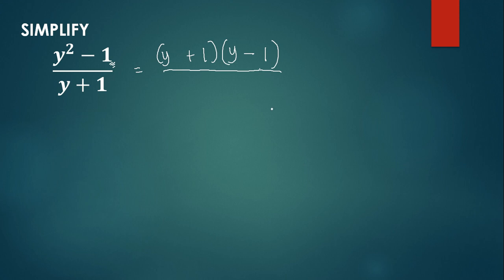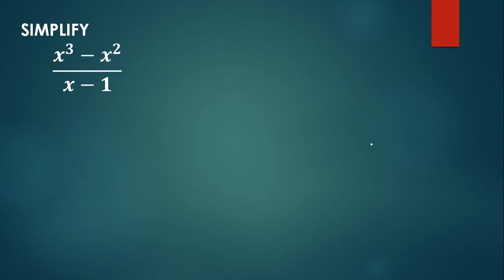Okay? Then, for our denominator, just copy y plus 1. After doing the factoring po, do the cancellation po kung may makakancel tayo. So, sa case na to, meron po, that is y plus 1 and y plus 1. So, ang natira natin ay y minus 1, final answer. Okay?